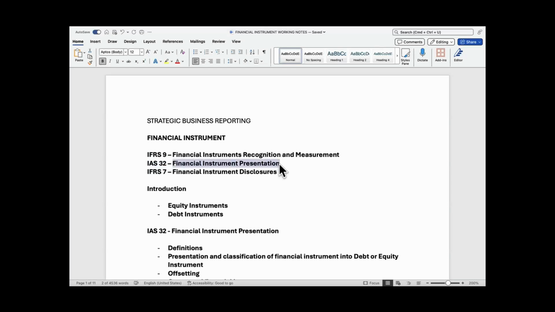For presentation, we spent a lot of time trying to understand the definition as well as how to identify whether an instrument that is issued by an issuer is an equity instrument or a debt instrument. We looked at several scenarios on how to do that. I gave you assignments on how to do that.